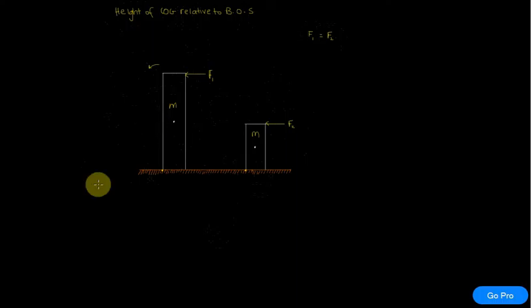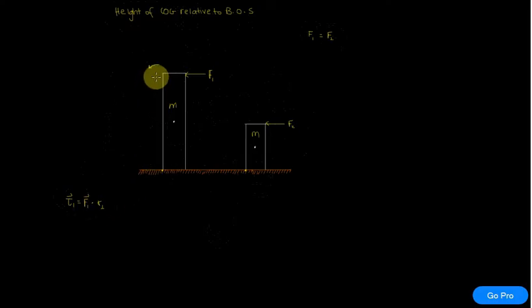The magnitude of that torque, we'll call this torque of object 1, is equal to the force that I apply, F1, multiplied by the distance from the axis of rotation. Remember, it's the perpendicular distance of the force to the axis of rotation.